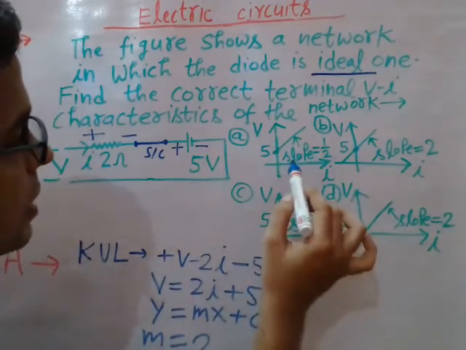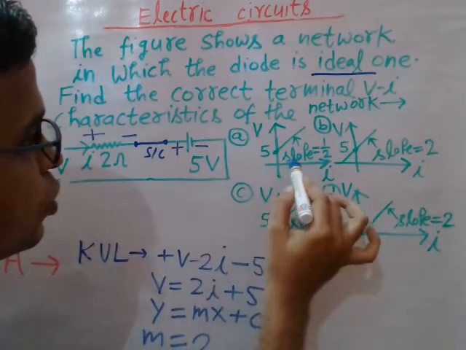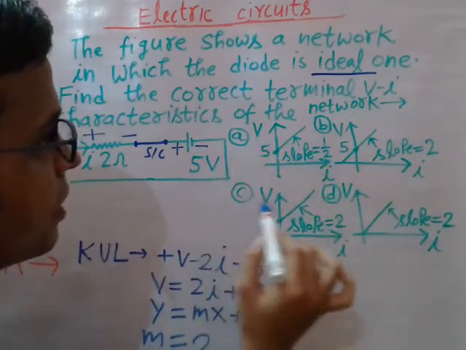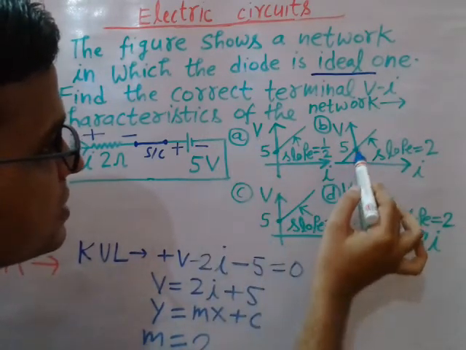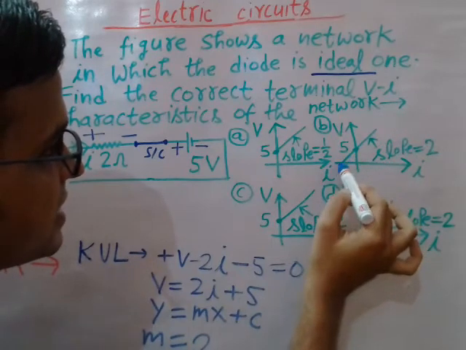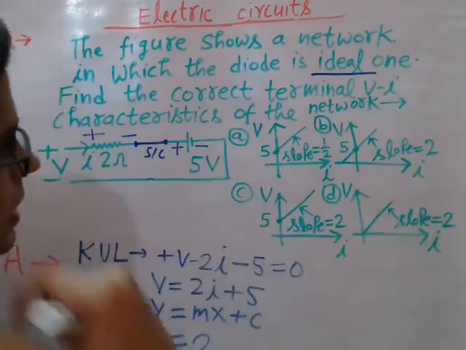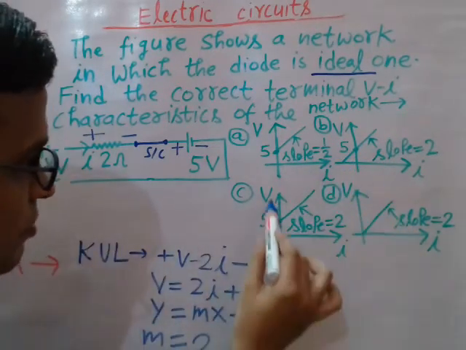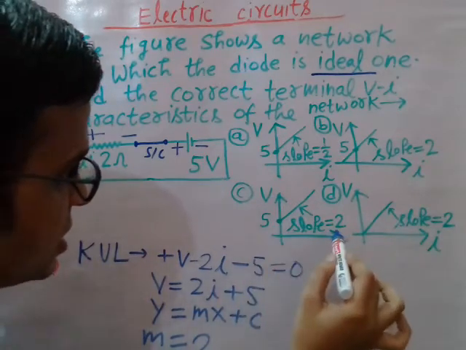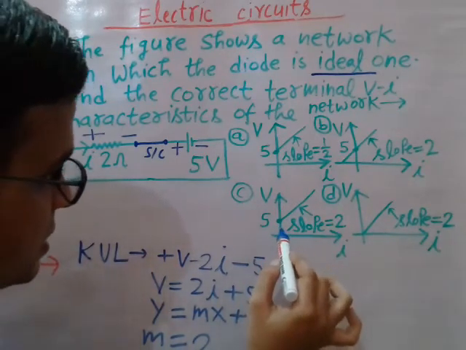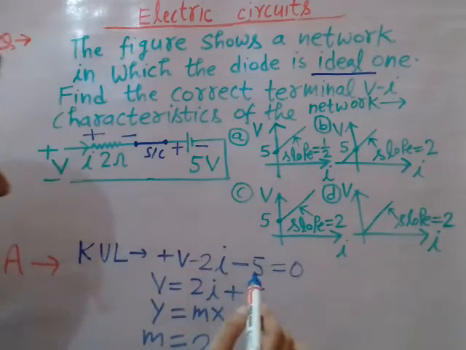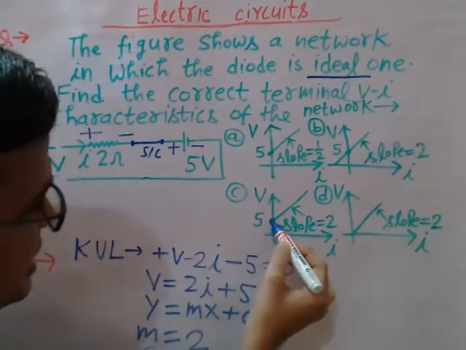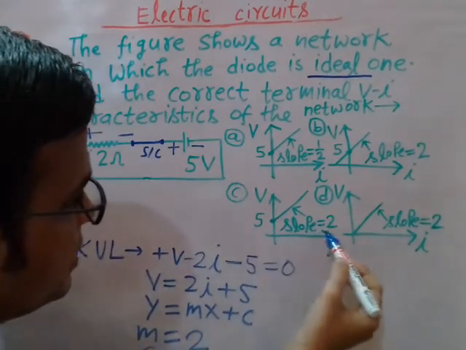Just check it out. Intercept is 5 but the slope is given as 1 by 2, so this is wrong. This is again wrong, because this characteristic exists on the negative side. Here, the intercept is 5 and the slope is 2.